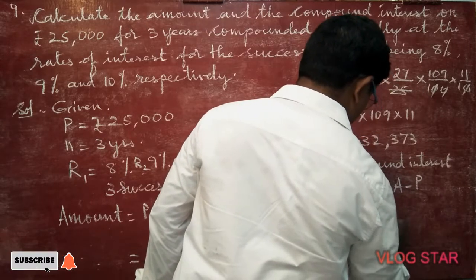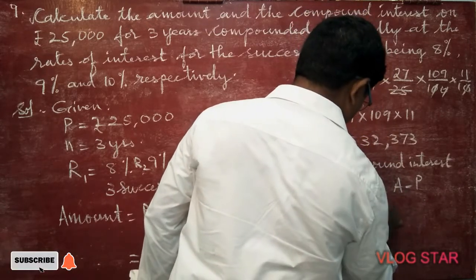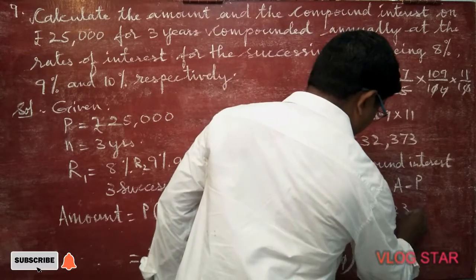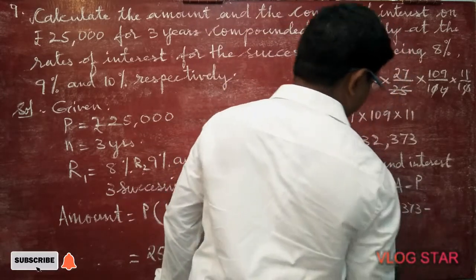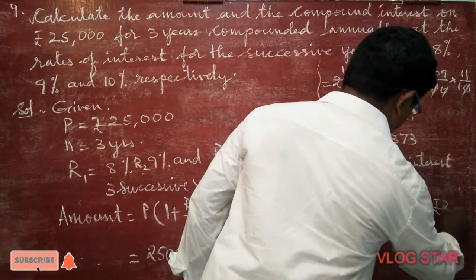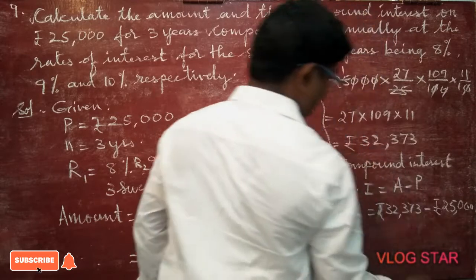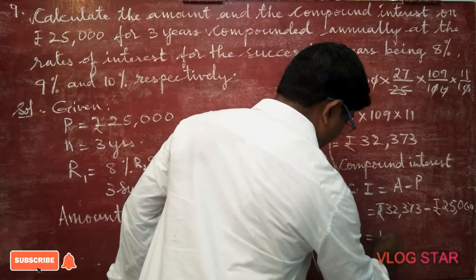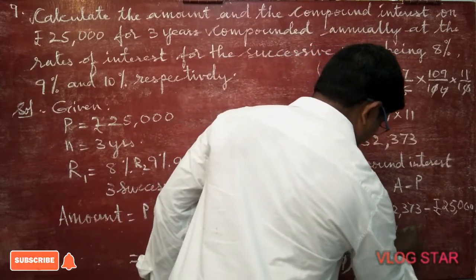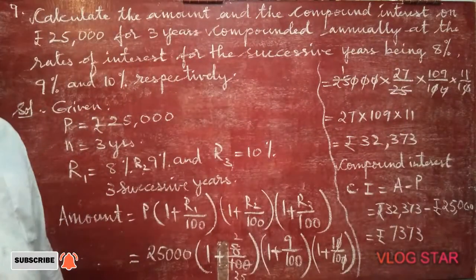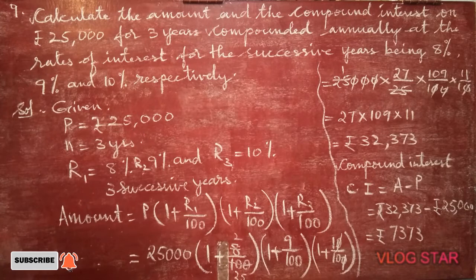Amount how much? We got just now rupees 32,373 minus rupees 25,000. So how much we'll get means 7,373. That is the compound interest.